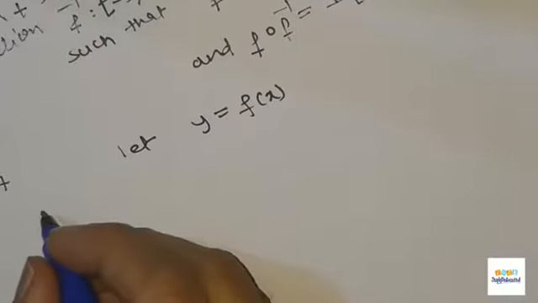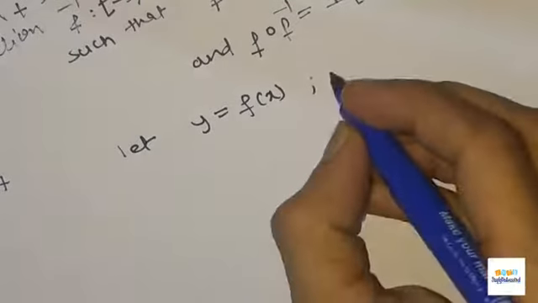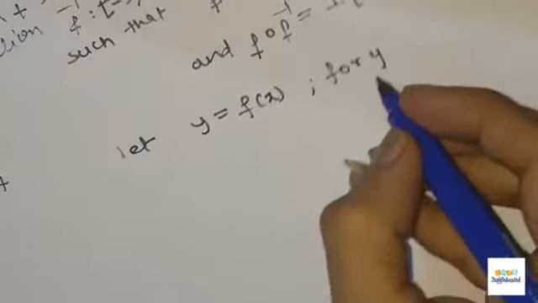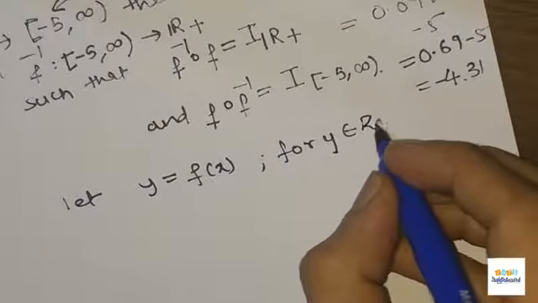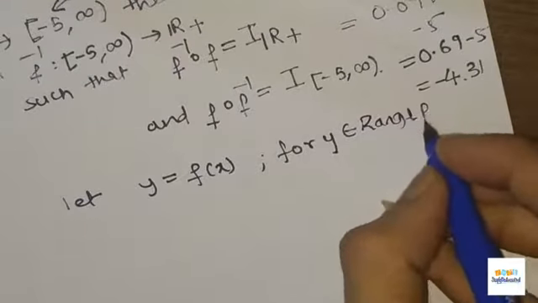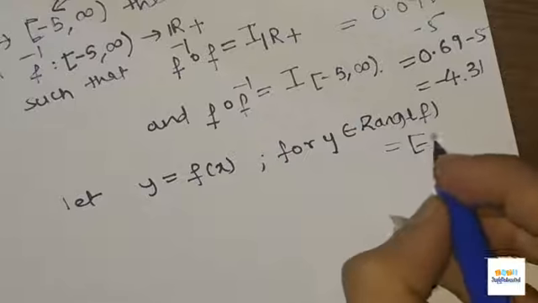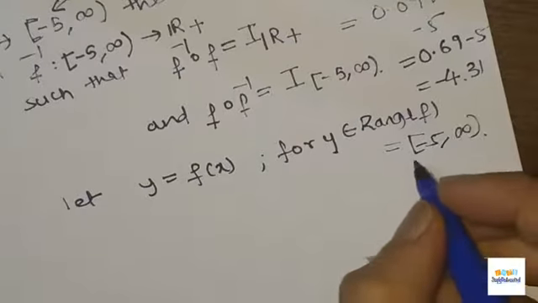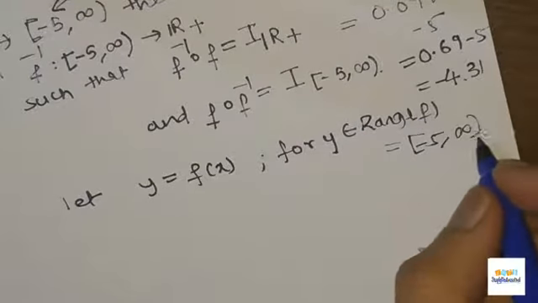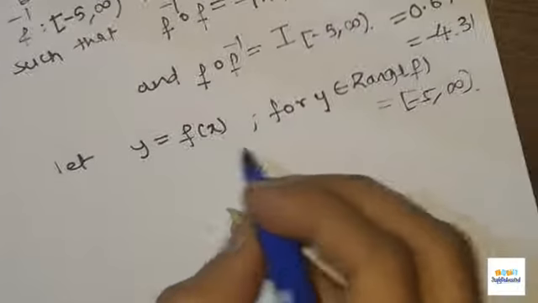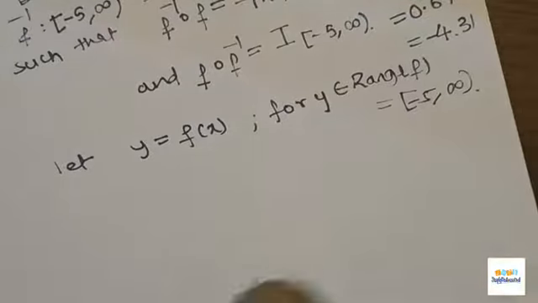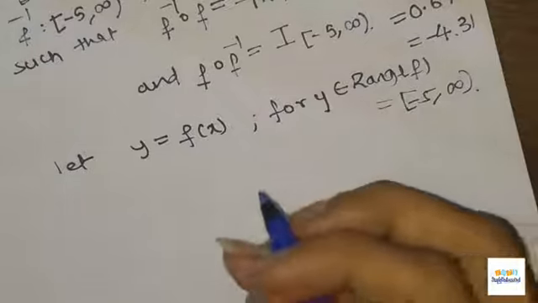This is for y belonging to the range of f. So we are taking one y in the range of f, that is nothing but minus 5 closed comma infinity open. We have to find the inverse function of f.